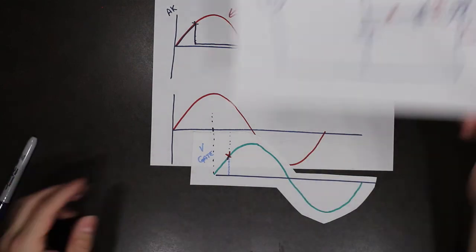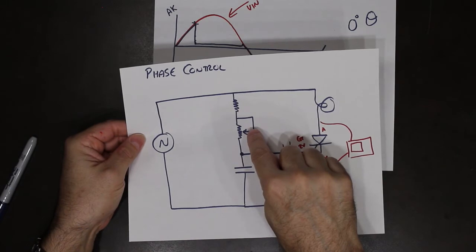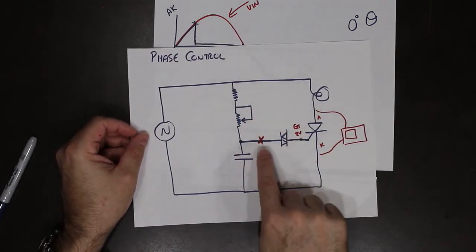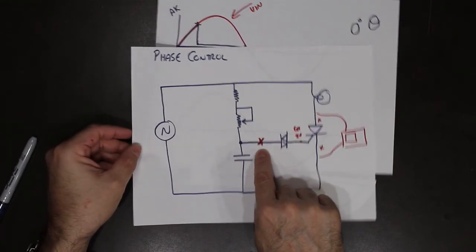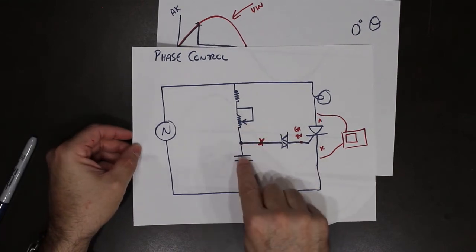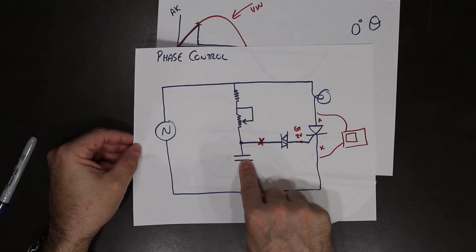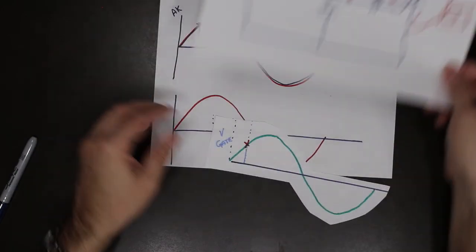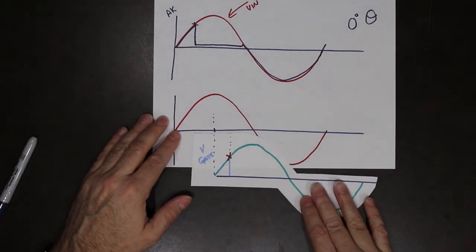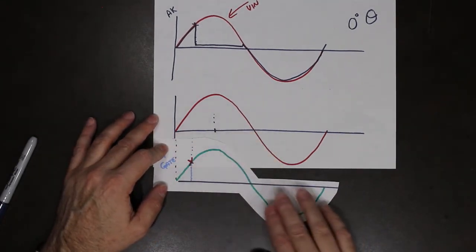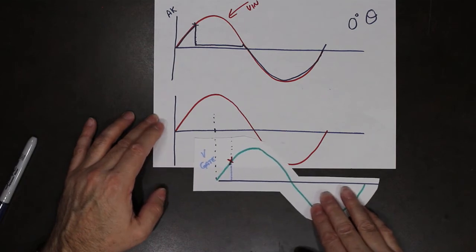So by adjusting the pot, we are adjusting the phase angle of this waveform from approximately 0 degrees all the way up to the maximum you can get from a capacitor, which is 90 degrees. So we go from here, 0 degree phase shift, to 90 degree phase shift.